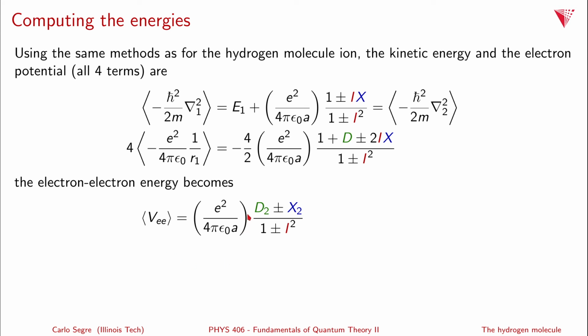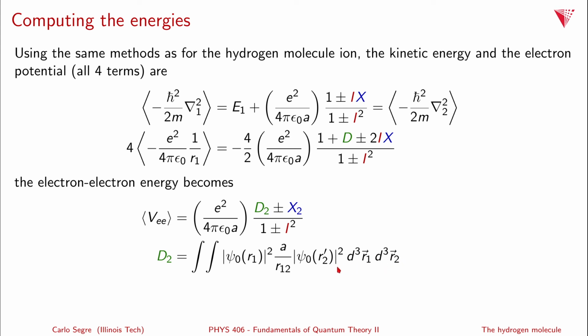And this turns out to be e squared over 4 pi epsilon naught a times a direct integral sub 2 plus or minus an exchange integral sub 2, divided by 1 plus or minus I squared, where d sub 2 is equal to psi 0 of r1 squared times a divided by r12, psi 0 of r2 prime squared, integrated over r1 and r2.